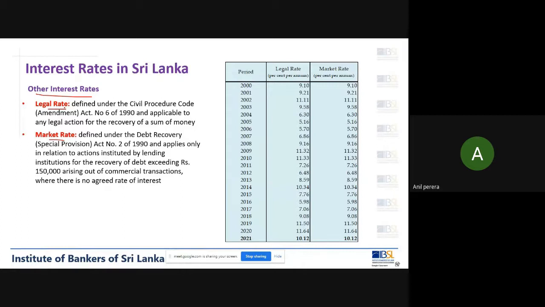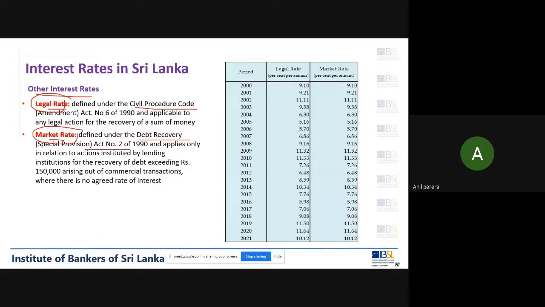Only difference comes from the act or the law. Legal rate is coming from one law, that is the Civil Procedure Code. Market rate is coming from another law, the Debt Recovery Act. Right?